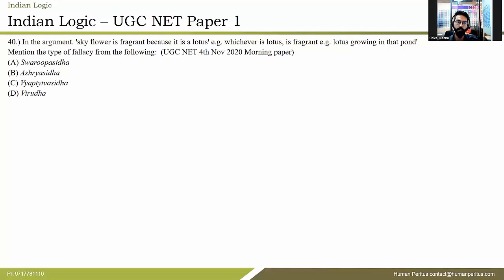What is actually happening is they have mentioned something called sky flower, then they have mentioned something called lotus, and they have mentioned fragrance, right? If you basically look at it, first one which they have given is Swarupa Siddha. Now, what is Swarupa Siddha?